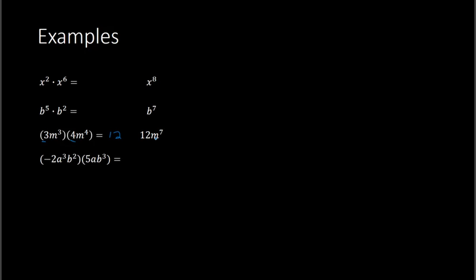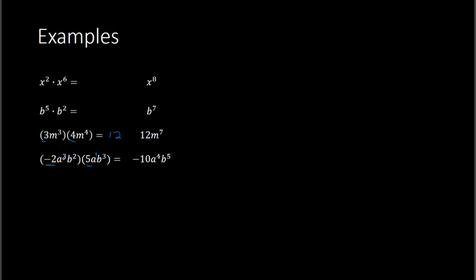Here is another example where now we have negatives thrown in there, and we also have more than one type of variable. Same thing, the negative 2 times 5, those can combine to get negative 10. Then the a's, we have 3 a's, and then one more a here, a to the 1st power.